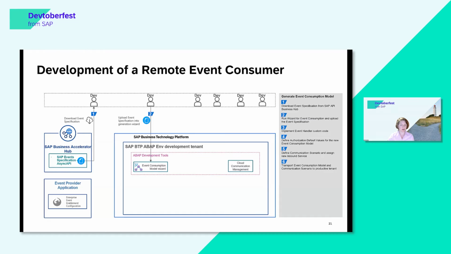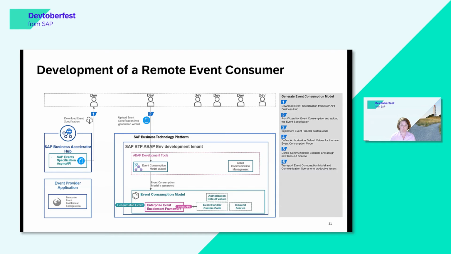Once you provide all the necessary parameters in the UI, you will see that the event consumption model is created for you automatically. It contains a lot of artifacts that we need to consume the event.